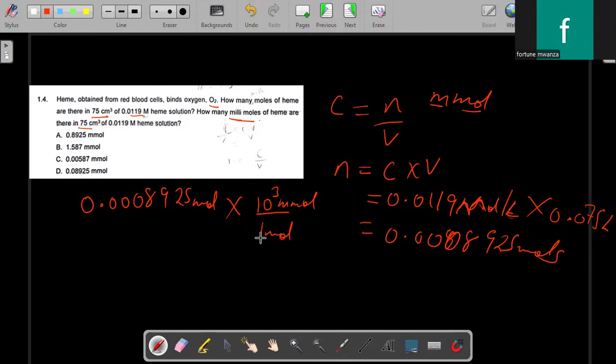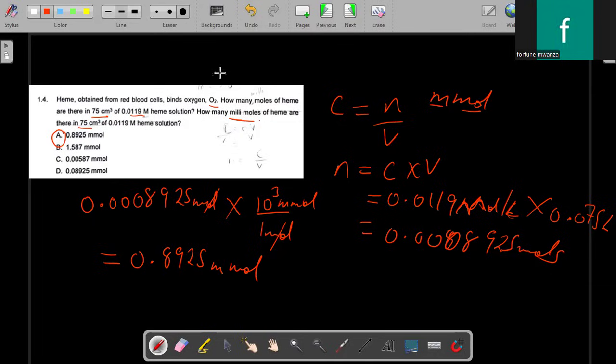So here the mole and the mole will go, meaning I'm multiplying this with 10 to the power 3, which is 1000. So when I multiply with 1000, I'm going to get 0.8925 millimole. So the final answer there is going to be 8. That's my answer there, 8.